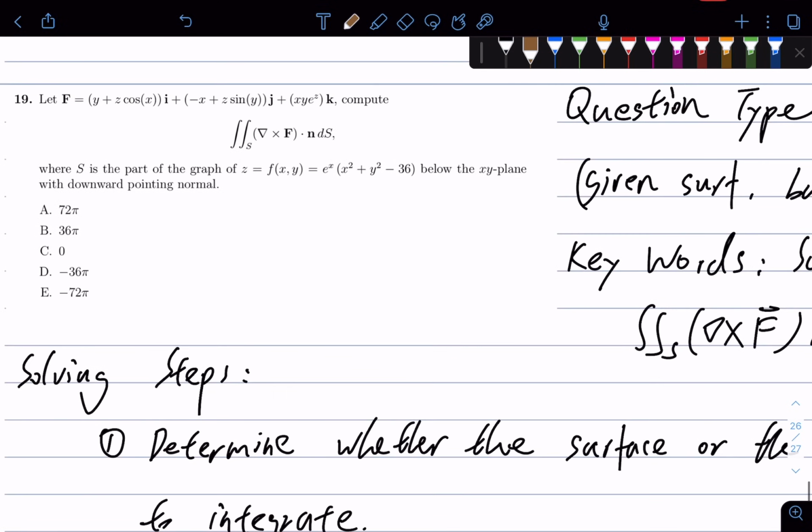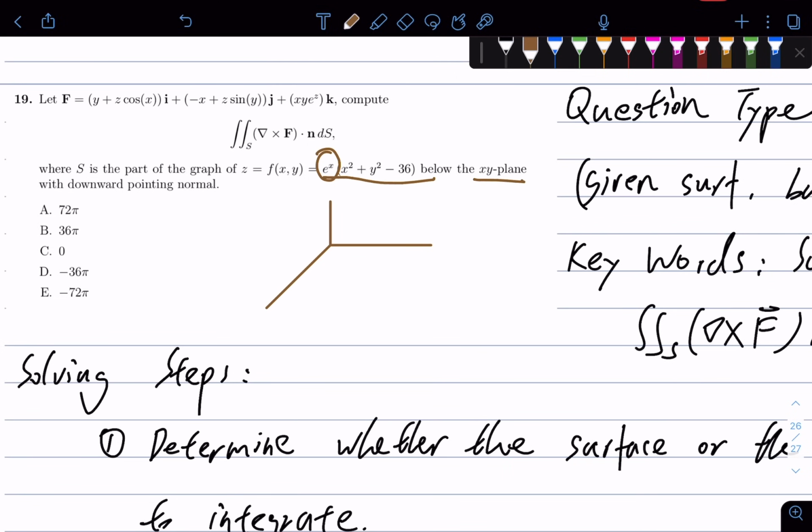In this case, let's examine this surface. It's a surface below the xy plane with a downward pointing normal. So let's go ahead and draw this isometric view out. I don't really know what this factor means, but at the end of the day, I think everyone can agree that it's sort of a number.